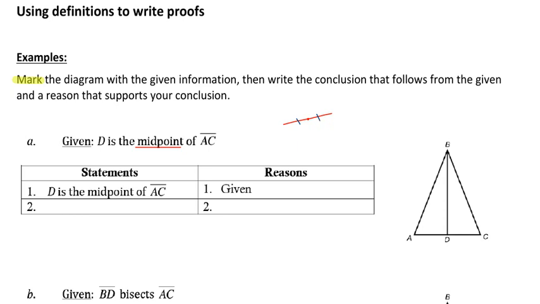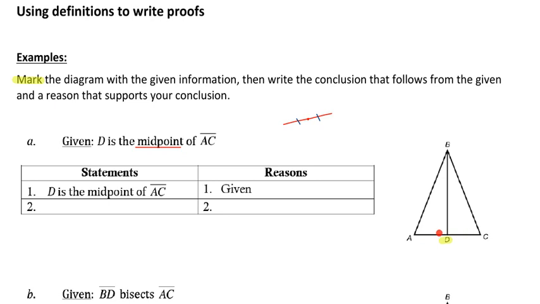So if you read here carefully, it says D is the midpoint of AC. So on our diagram, D is right here, and that D is the midpoint of segment AC. So we're dealing with this segment here. The other segments have nothing to do with this problem.